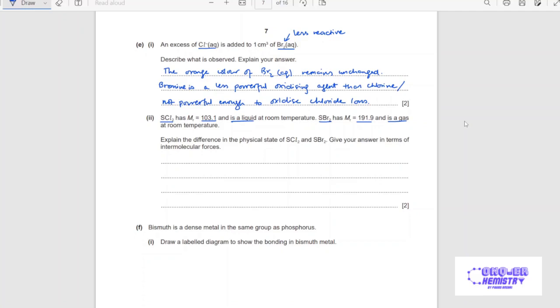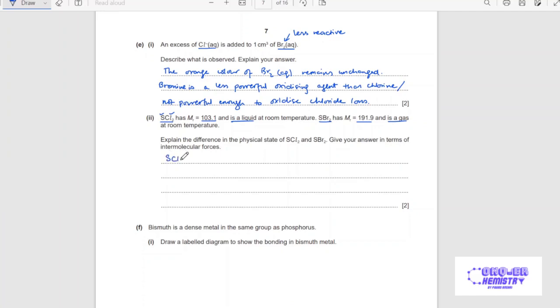The reason is that SCl2 has stronger intermolecular forces. Now, what type of intermolecular force will we have here? Because you have sulfur and chlorine, you have two different types of atom, and so you're going to have permanent dipole forces. Okay? You have a difference in electronegativity, and as a result, permanent dipoles.